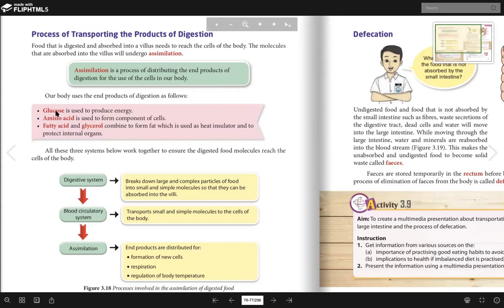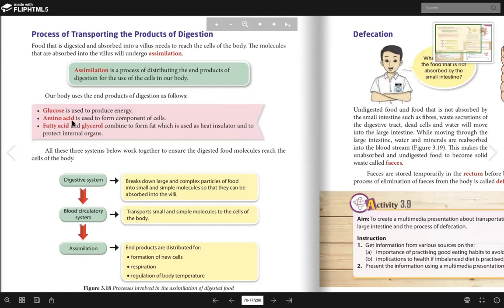Glucose is used to produce energy. For example, when you eat rice, inside the rice there is a carbohydrate, and that carbohydrate contains starch. The starch finally will become glucose, and from glucose we can produce energy.